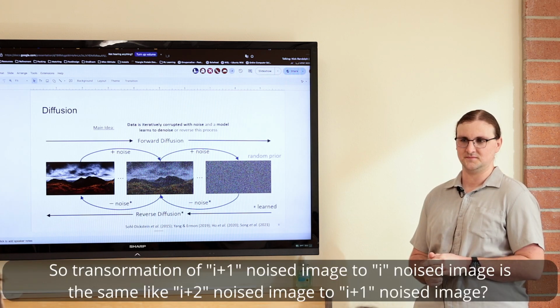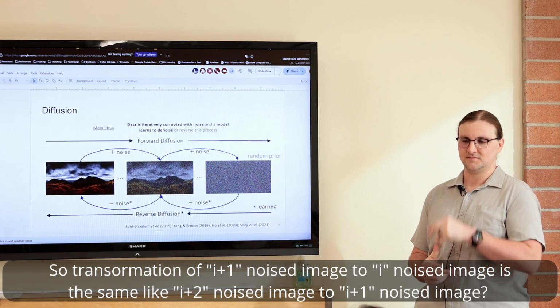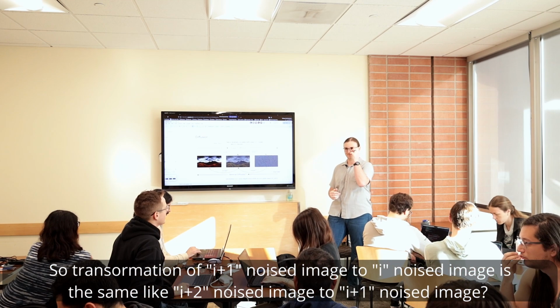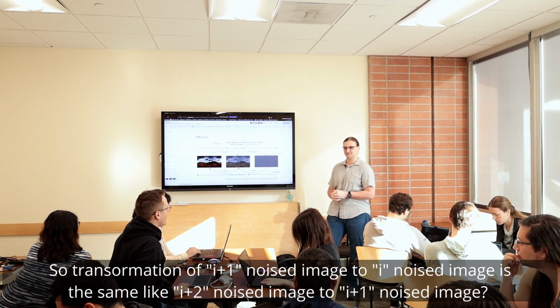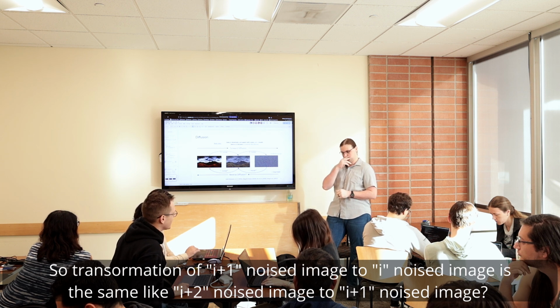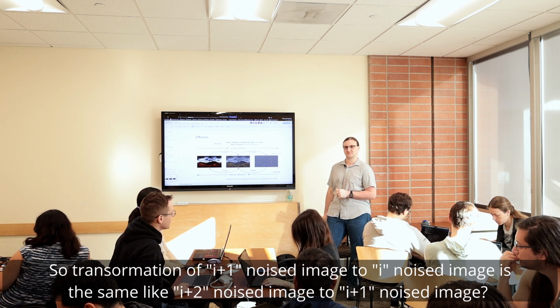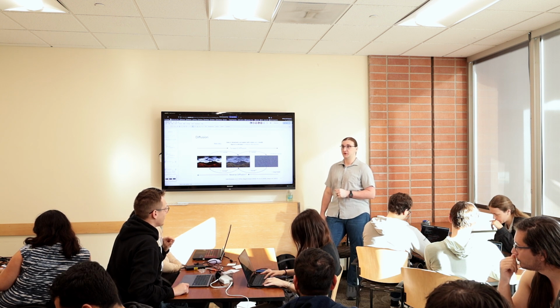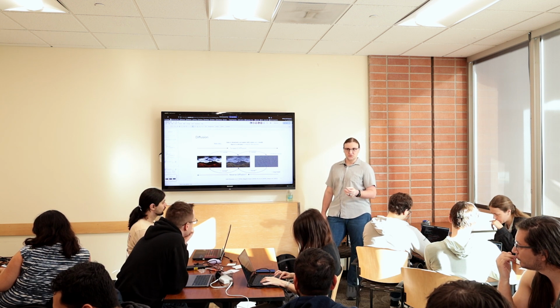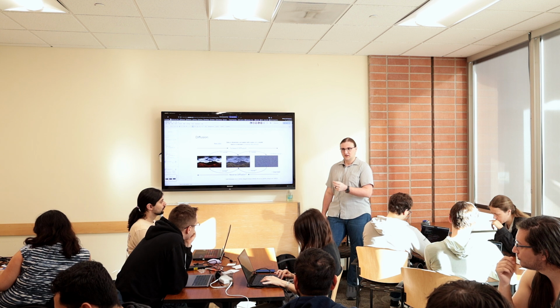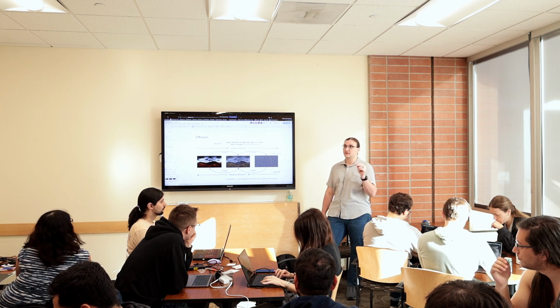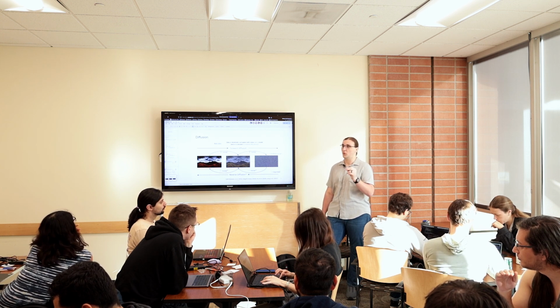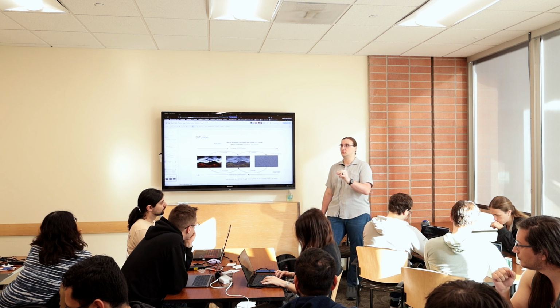So transformation of I+1 noised image to I noised image is the same as I+2 noised image to I+1 noised image? No. So there is also a noise schedule that depends on what time step you have. So usually you add a little bit of noise when you're very close to your data distribution.